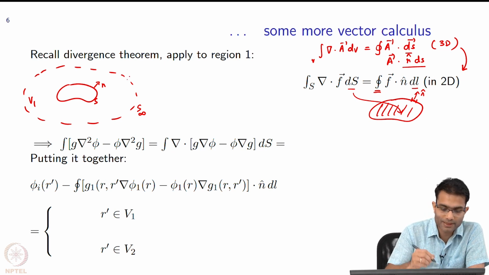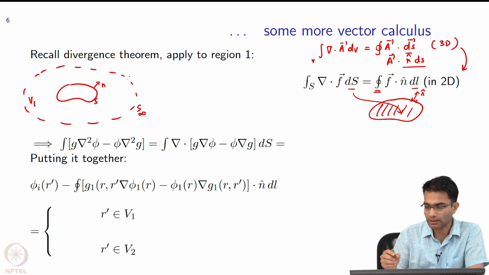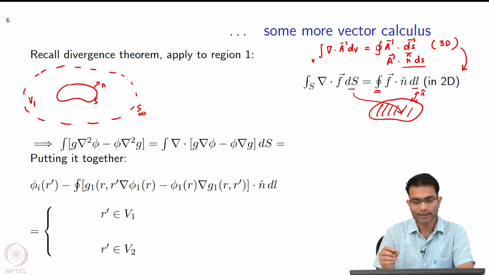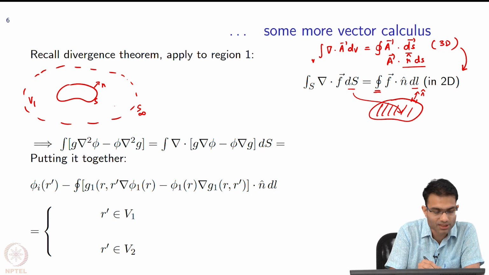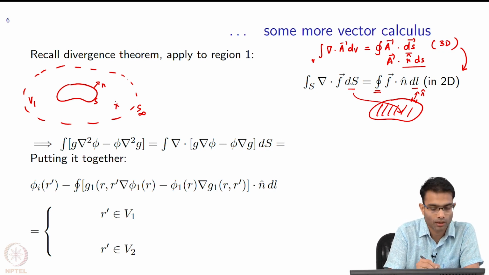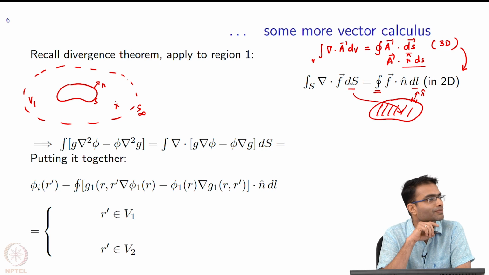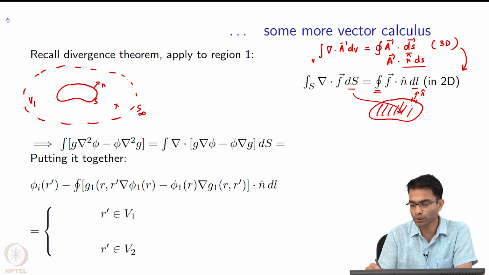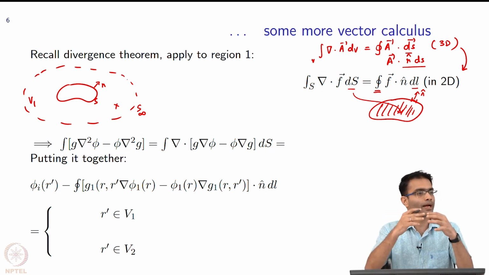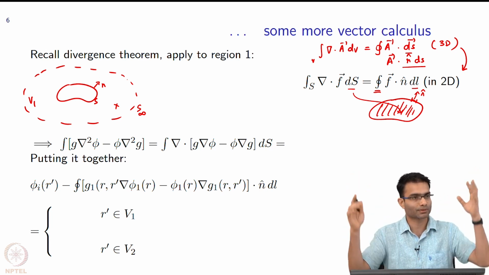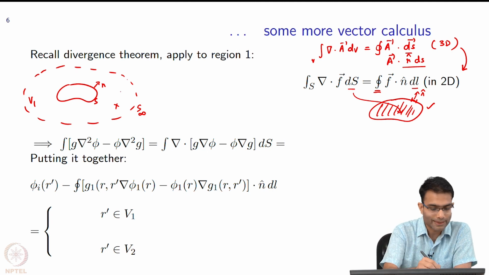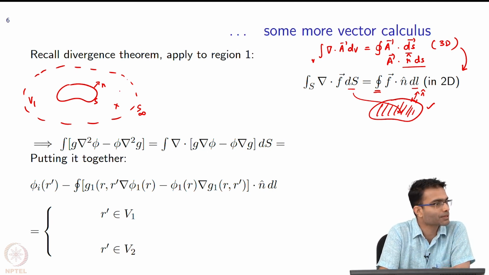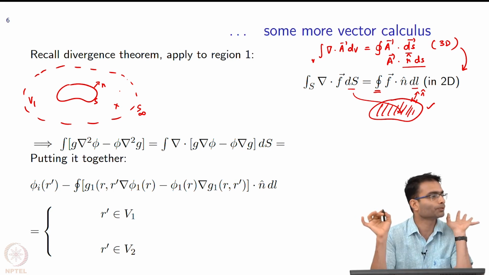Actually, if I think of these as finite surfaces, if I think of S infinity as a finite volume, then when I apply the divergence theorem to this volume, how many surface integrals will I have to take care of? In the earlier case, the volume was enclosed by one surface, and so I had to take care of the flux through that surface. In this case, if I apply the divergence theorem to this volume, I should take care of the flux that is leaving the volume.